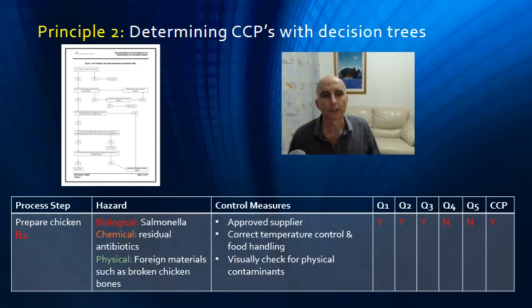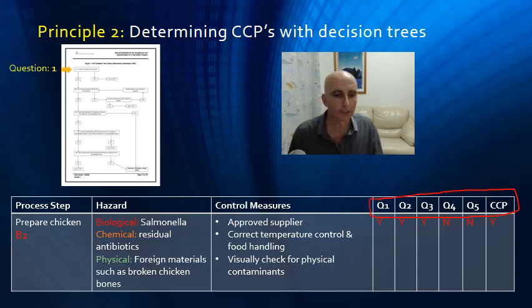Now you'll notice here I have the process steps, hazard and control measures, and then here we have questions about the CCP. Now I'm going to refer to the decision tree. Question 1: is there a hazard at this step? And that is a yes. Then we move through to question 2: do control measures exist for this hazard? I'd say no. It takes me around a loop, but eventually it says yes.